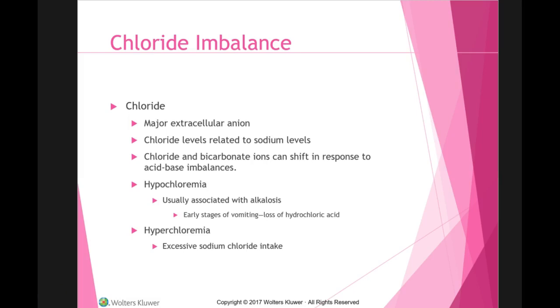So if you have a decrease in the serum chloride levels, then the bicarbonate ions leave the blood cells, and this maintains the electrical neutrality. So low serum chloride leads to high serum bicarbonate or alkalosis. Okay, and this is referred to as a chloride shift.